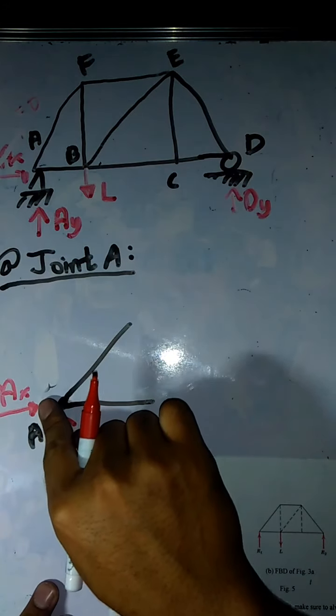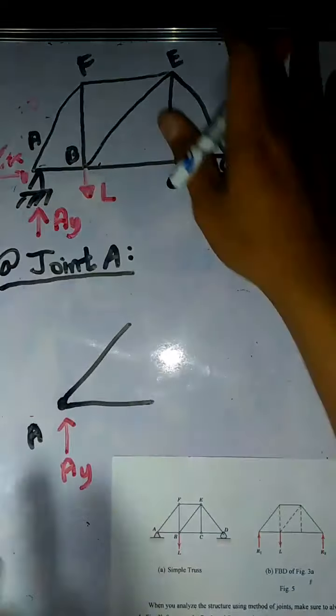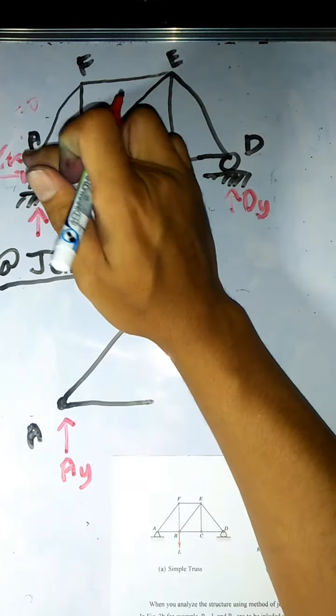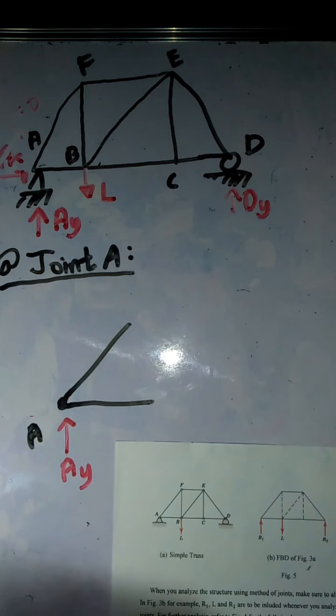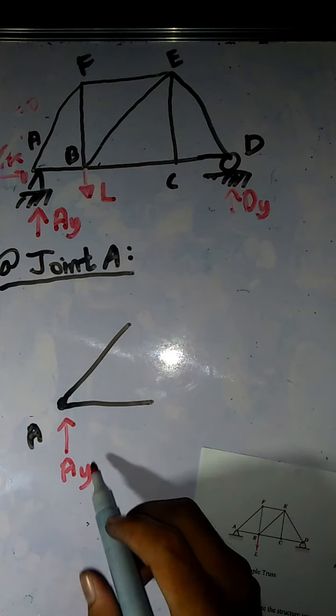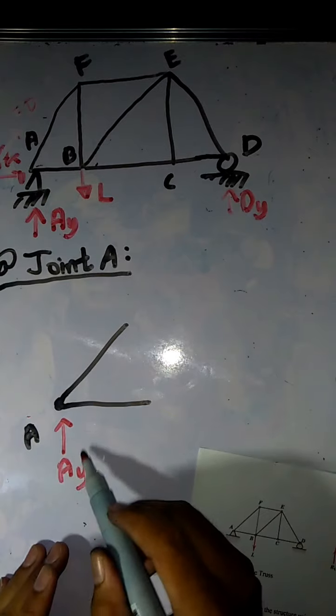So, we can erase this, since considering the actual FBD, the value of AX is 0. So, we can erase it here. Next, let's say we got a load AY. So, we have already gotten this. For example, we got AY.